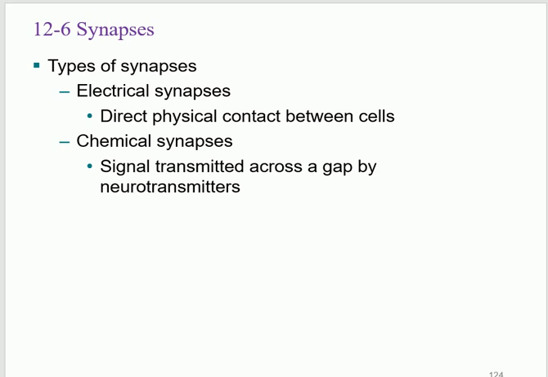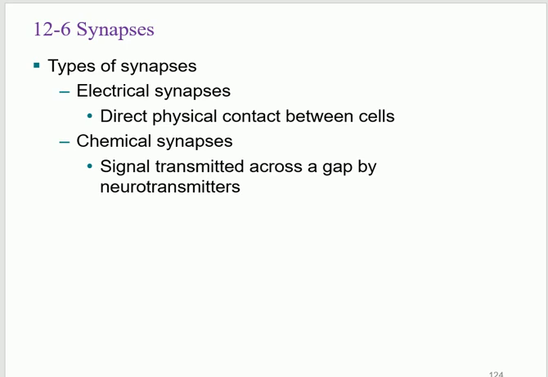Here is the end, gap, beginning of another one. This is the vast majority, and this is our focus. However, know that there are exceptions where they touch each other, and if they touch each other, we call that electrical synapse. That's not a lot. This is the exception.